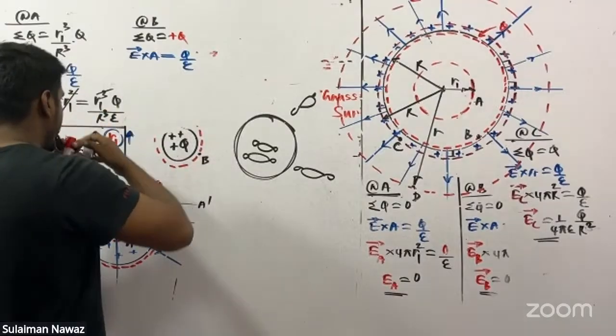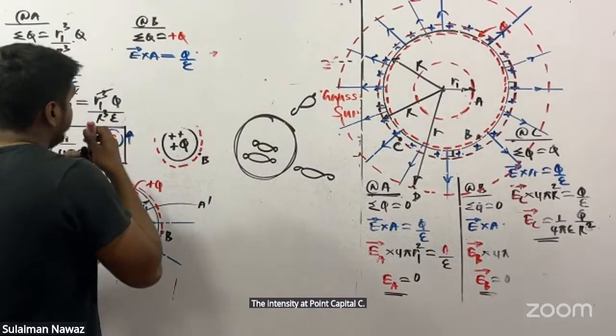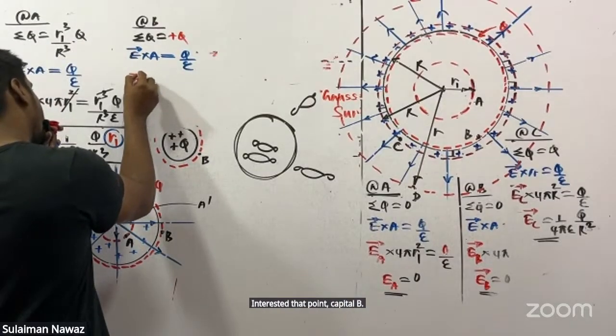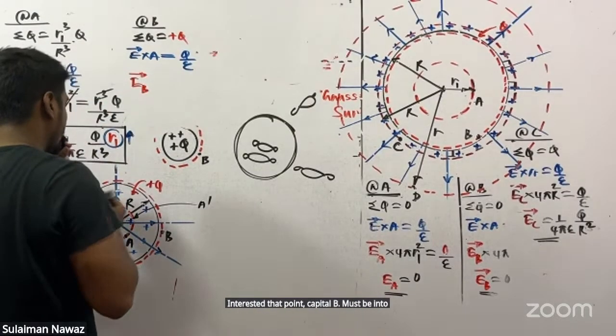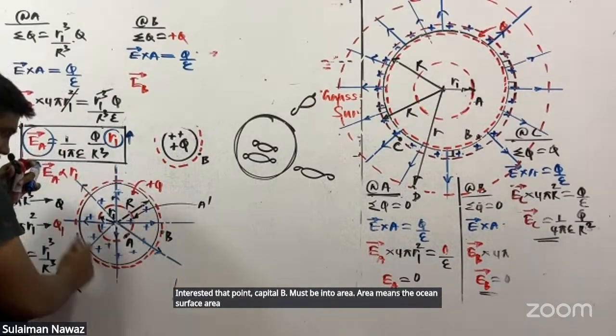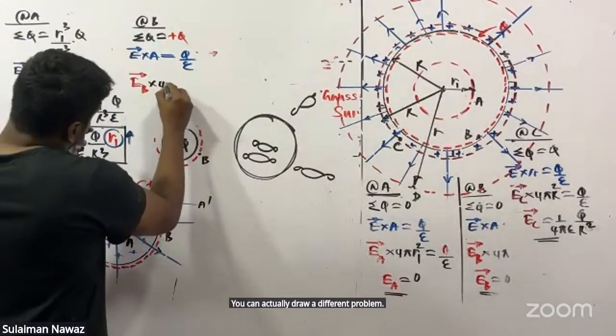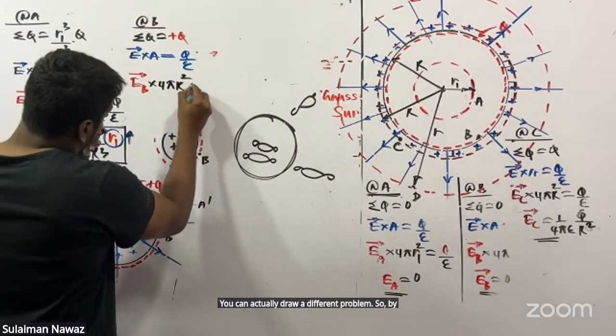Then intensity at point capital B must be into area. Area means Gaussian surface area. The radius of the Gaussian surface is capital R. You nicely draw a different problem. 4 pi capital R square is the area of the Gaussian surface.